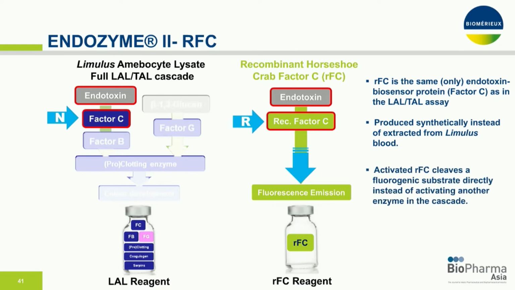The activated recombinant factor C cleaves a fluorogenic substrate directly instead of relying on factor B, which is in the horseshoe crab cascade. So let's look a little bit more detailed at that reaction. Just one slide on the mechanism.